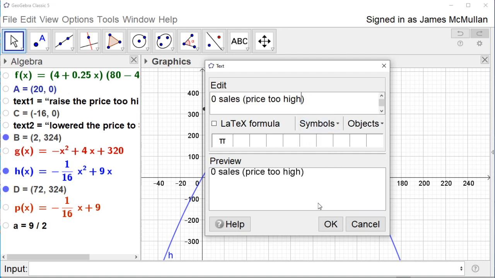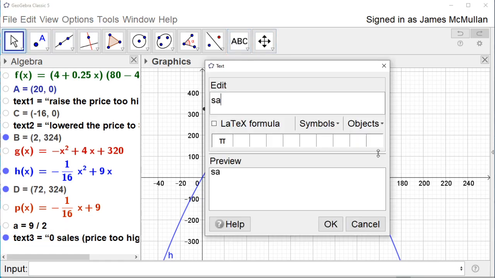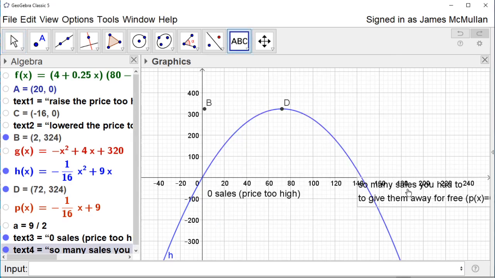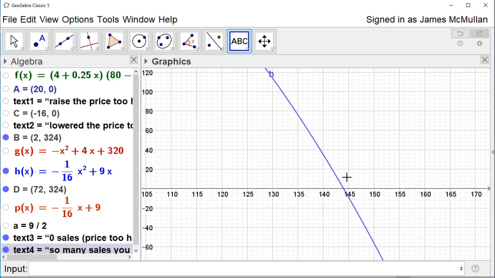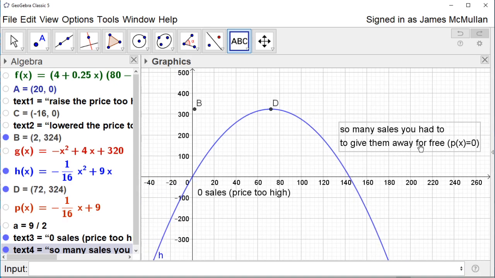That would be what's going on over here at the origin. 0 sales, of course, means 0 revenue. Over here, you have so many sales that you had to give them away. In other words, P of x is equal to 0, so you're charging nothing. In order to get 144 people to come to the golf course every day, you'd have to give it away for free.